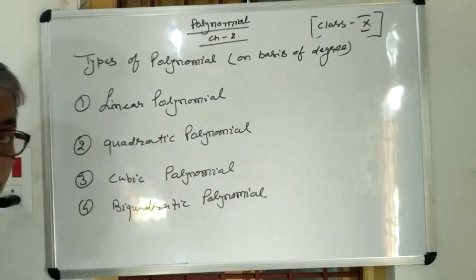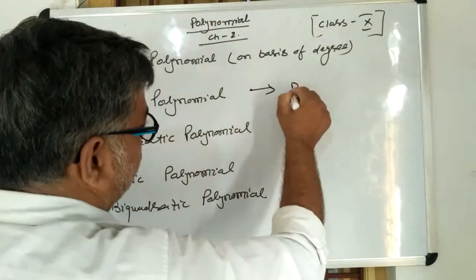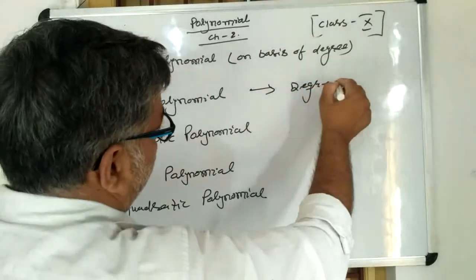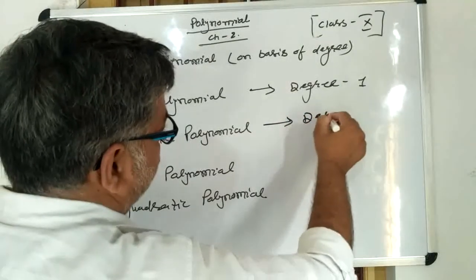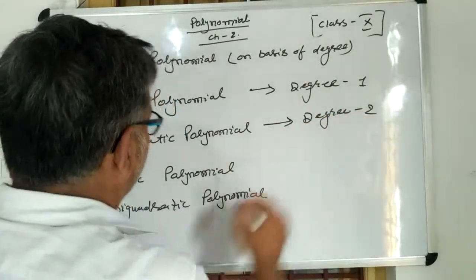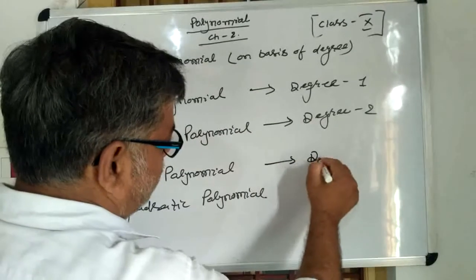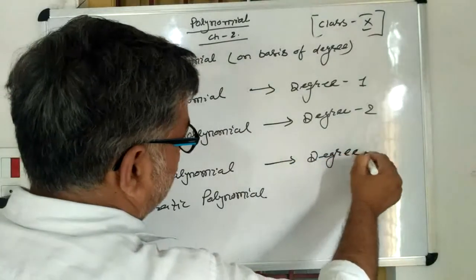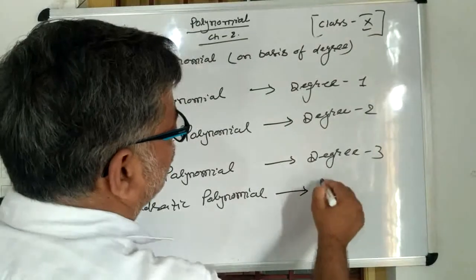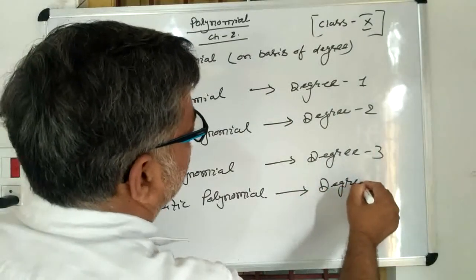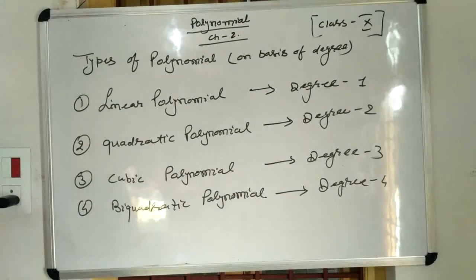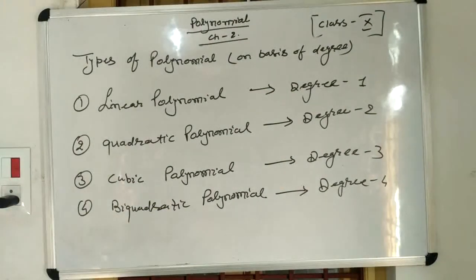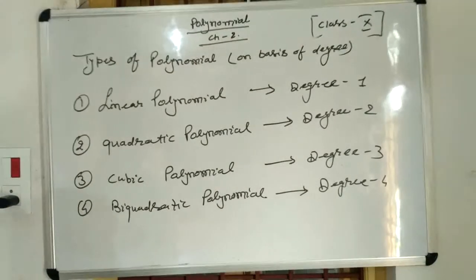A linear polynomial is a polynomial of degree 1, quadratic is of degree 2, cubic of degree 3, and biquadratic of degree 4. So on the basis of degree, these are the 4 polynomials you need to know.